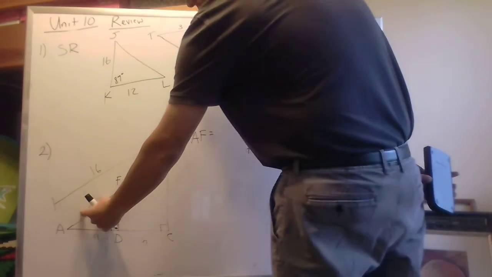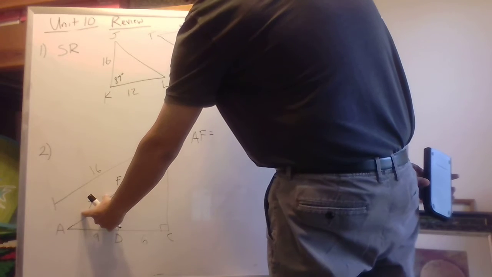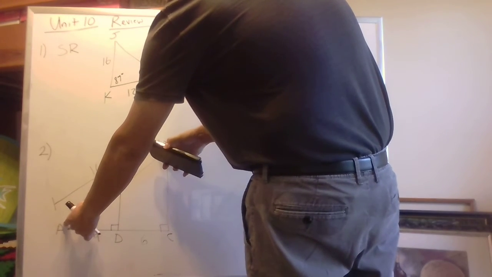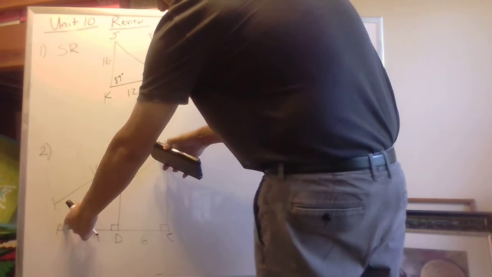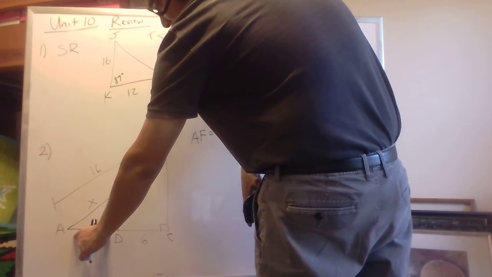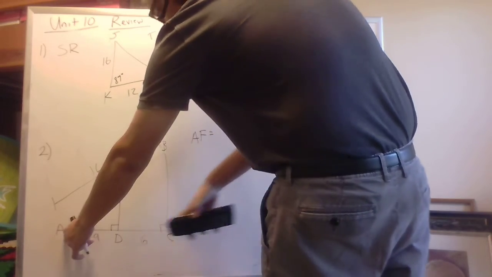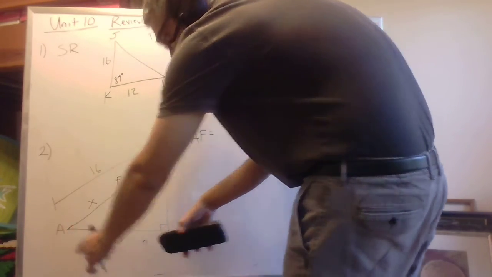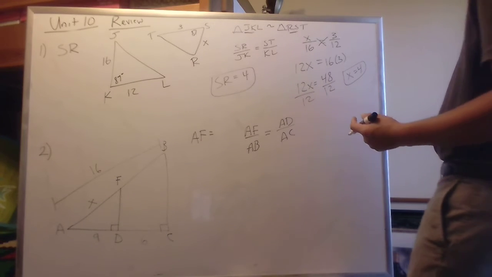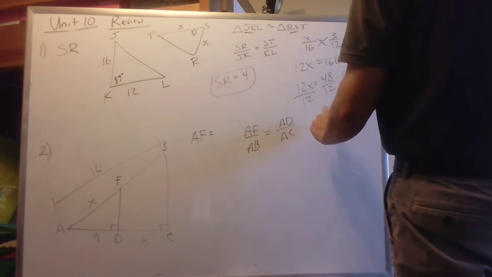So again, this small triangle's hypotenuse over the larger triangle's hypotenuse equals the smaller base over the base of the larger triangle. So that's how I came up with AF over AB equals AD over AC.